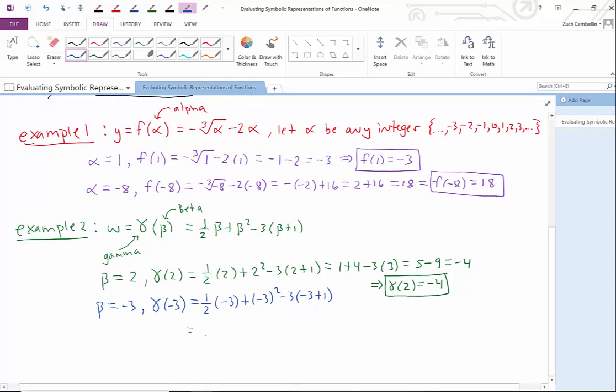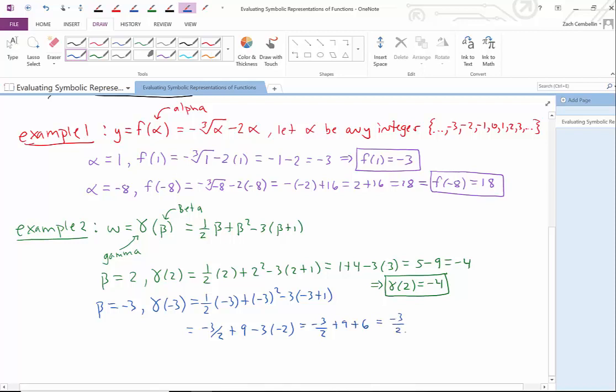Half times negative 3 is negative 3/2. Negative 3 times negative 3 is positive 9. Minus a 3 times negative 3 plus 1 is negative 2. Remembering our order of operations, of course. Also, negative 3/2 is negative 1.5 if you prefer decimals. So here we got a negative 3/2 plus a 9, and then plus a 6. Negative 3 times negative 2 is positive 6.